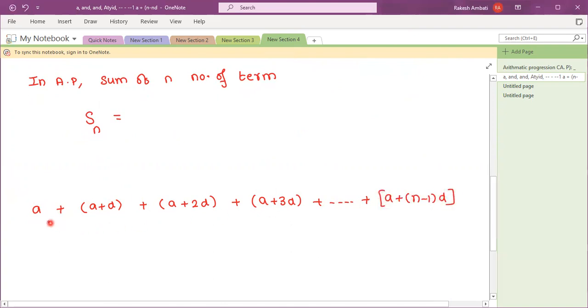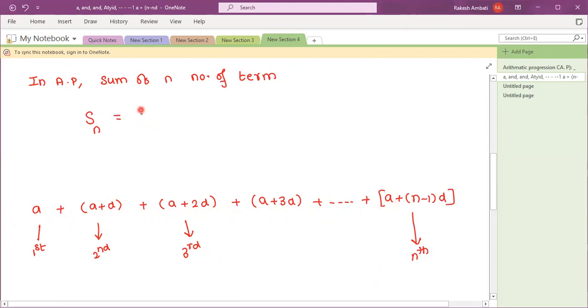In AP, this summation we have to find out. It is the first term, the second term, the third term, and it is the nth term. So we are finding the summation of n number of terms.